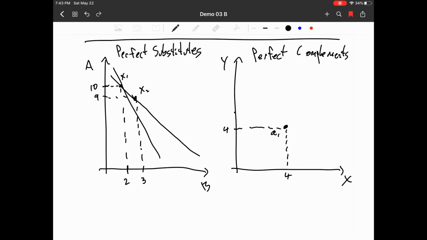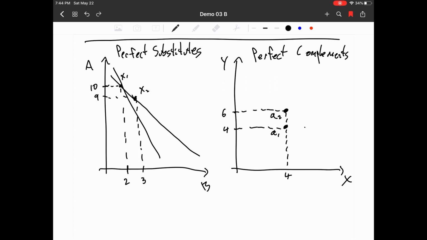So if I increase from A1 to A2, where I go from 4y to 6y, if x and y are perfect complements, this new point, A2, doesn't give me any higher utility because I need more of both to do any better. So I'd have to increase both x and y to do any better.